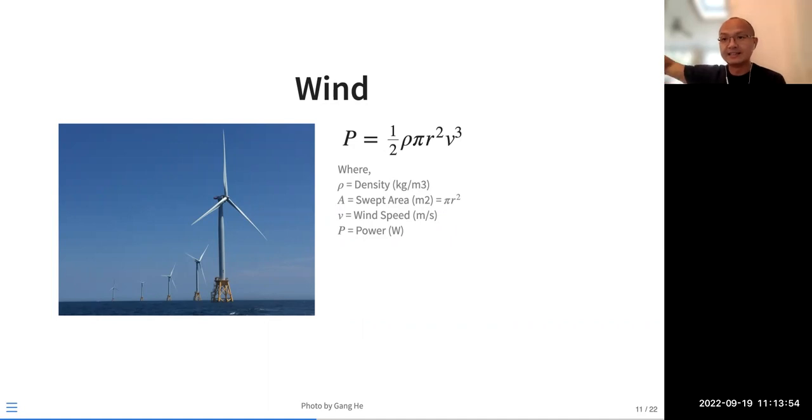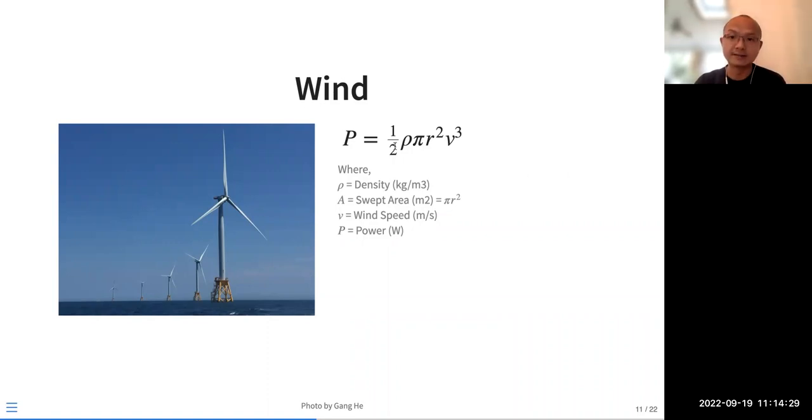And this is an exponential relationship, as you can see here. Through this formula, you can calculate how long the rotor is, how big the turbine is, and how that contributes to the power you can harvest with wind technology.